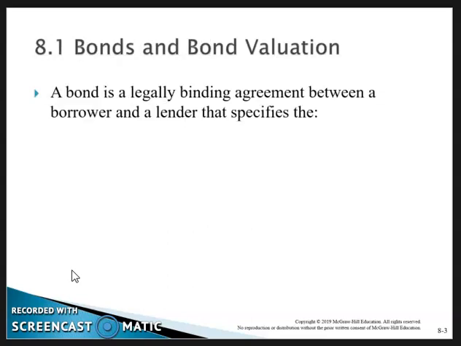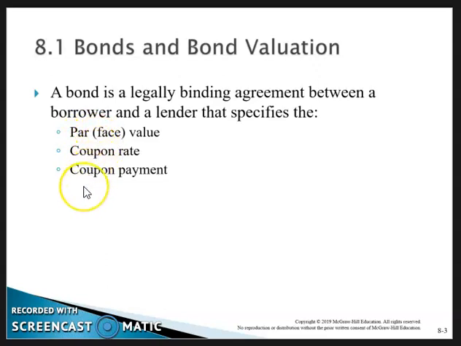What is a bond? A bond is a legally binding agreement between a borrower and a lender that specifies the par or face value. It can also be referred to as the maturity value. Coupon rate, that is the fixed rate on the bond. Coupon payment is based on the face value and the coupon rate.